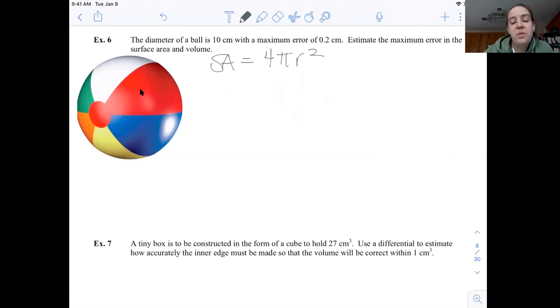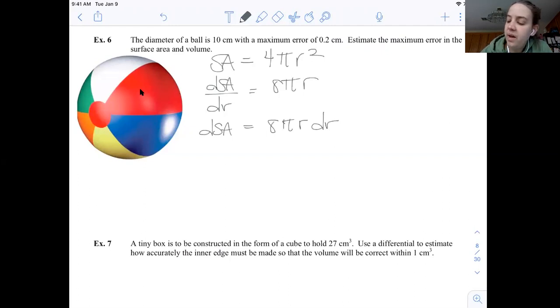So we want to find the derivative with respect to the radius. The change in the surface area with respect to the radius is 8 pi r. Then what we'll do is multiply both sides by dr, so the change in the surface area is 8 pi r dr. And then what we're going to do is plug in the values that we know.